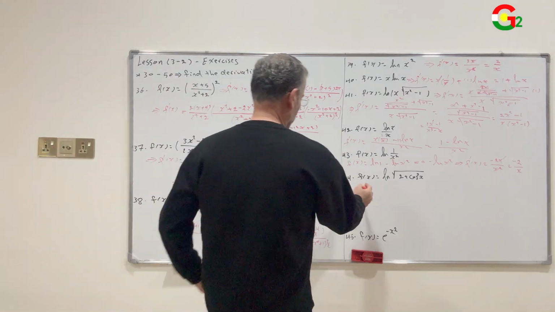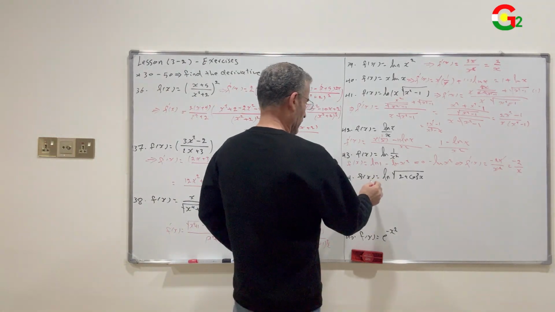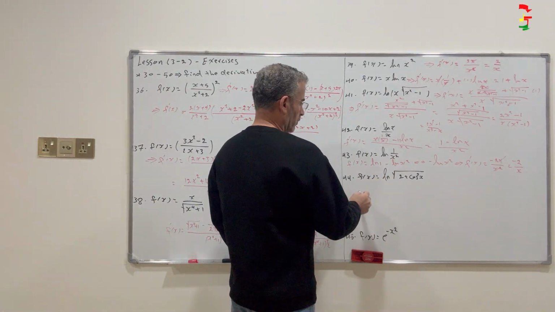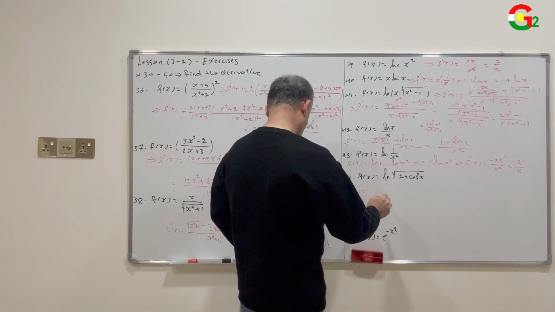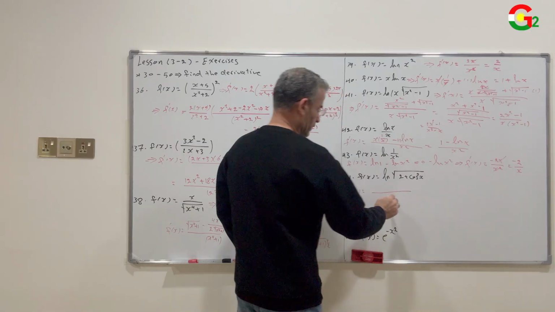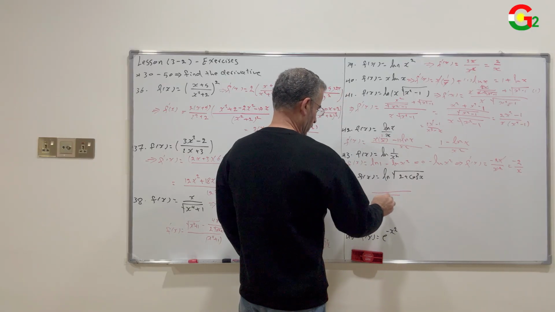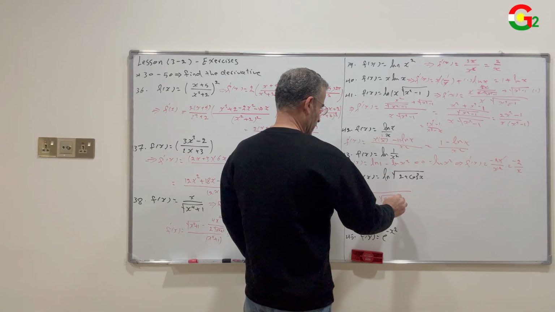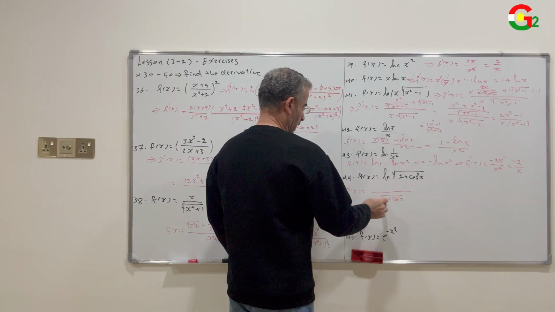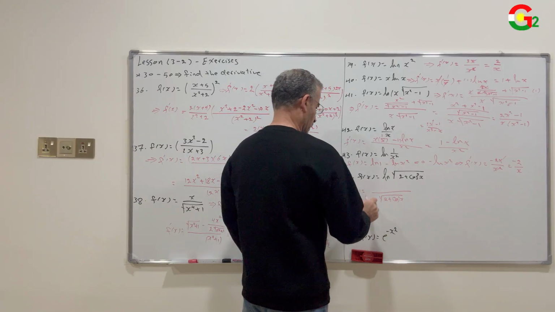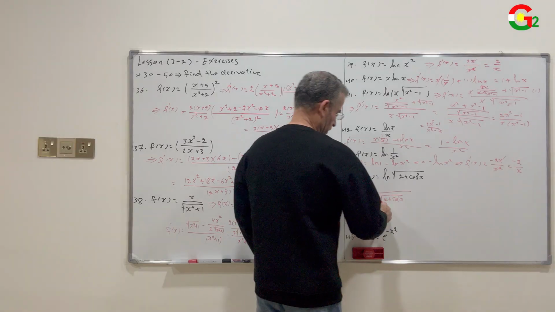Question number 44, ln square root of 2 plus cosine squared x, f prime of x equals a fraction: square root of 2 plus cosine squared x in the denominator and the derivative of it in the numerator.